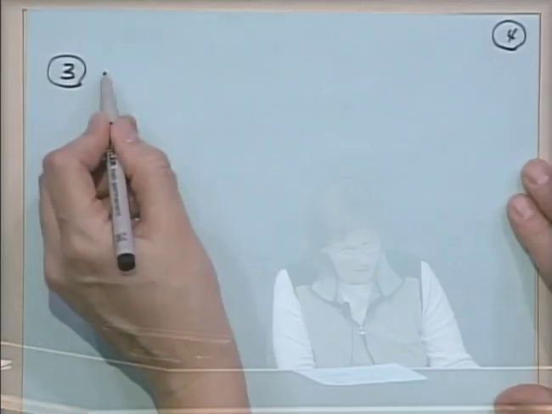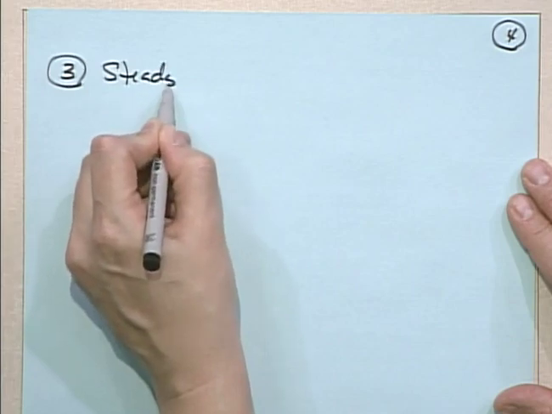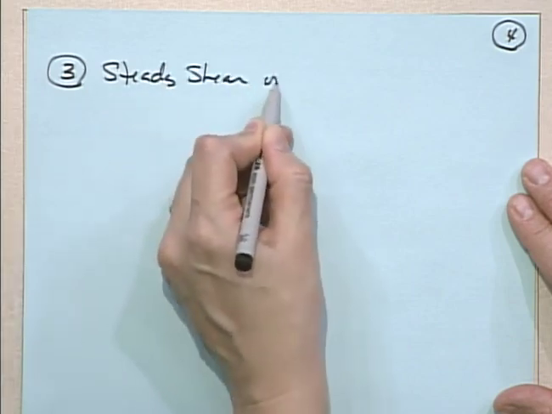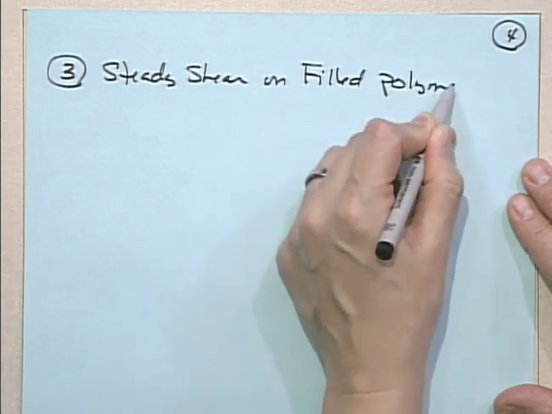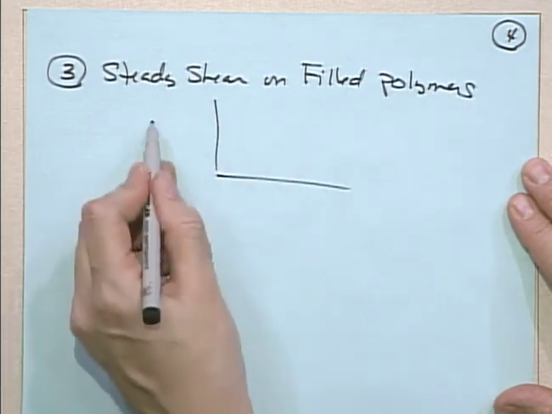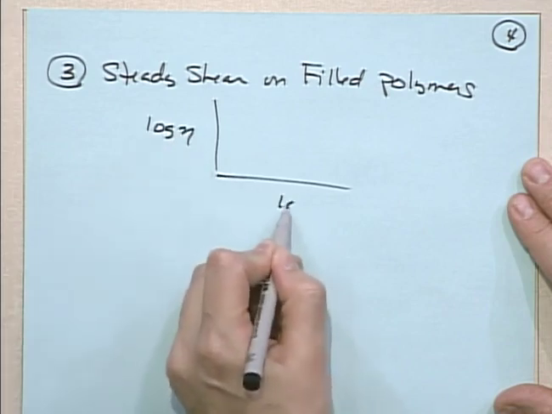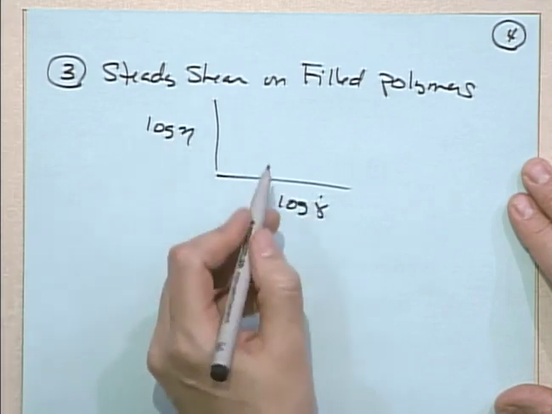So this will be my third item to remember, steady shear on filled polymers. And the effect is, so again, viscosity versus shear rate.